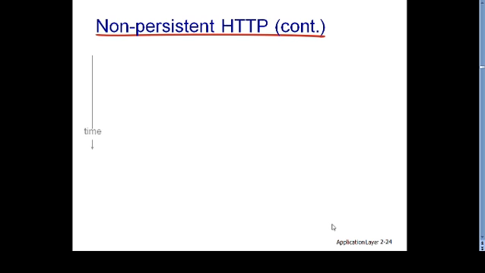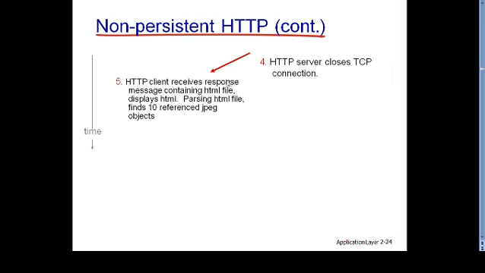The HTTP client receives the response message containing the HTML file, displays the HTML, and on parsing the HTML file finds 10 referenced JPG objects.